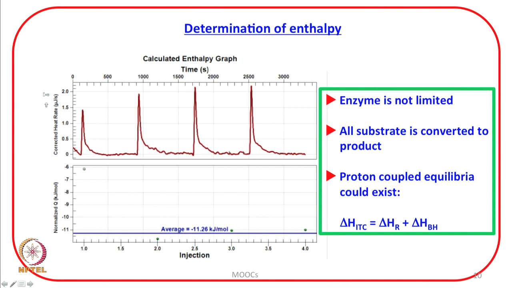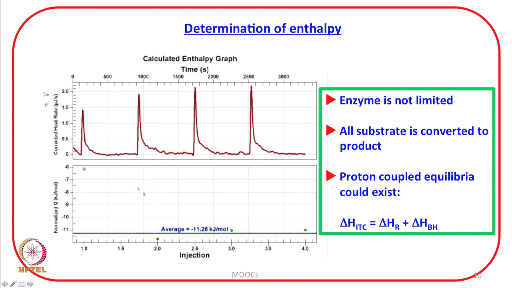As you see, on the average, as long as enzyme is not in the limiting amount, the value is minus 11.36 kilojoules per mole in this specific example.